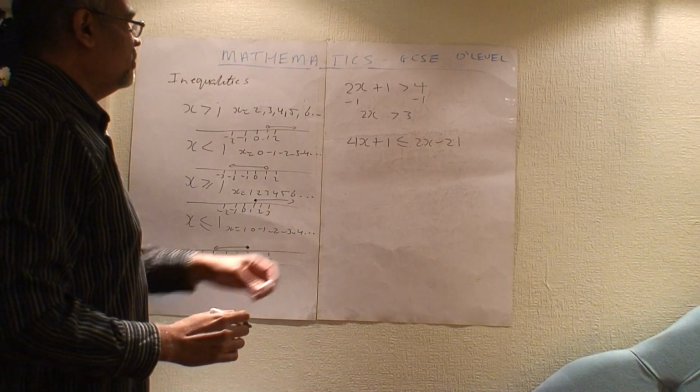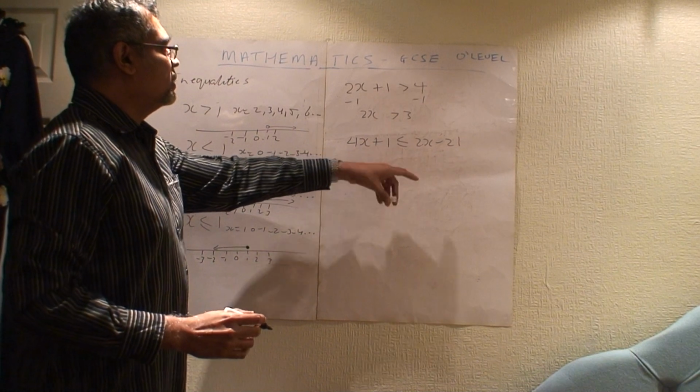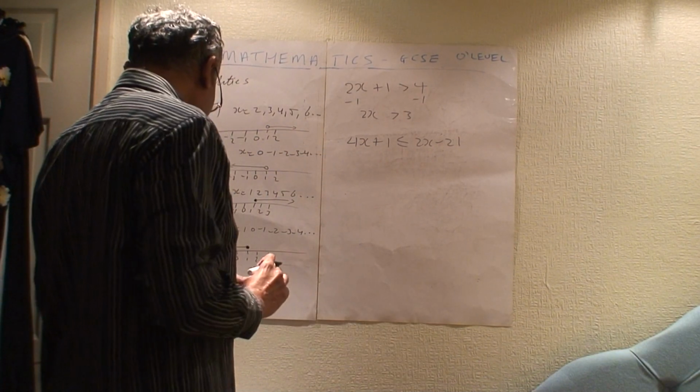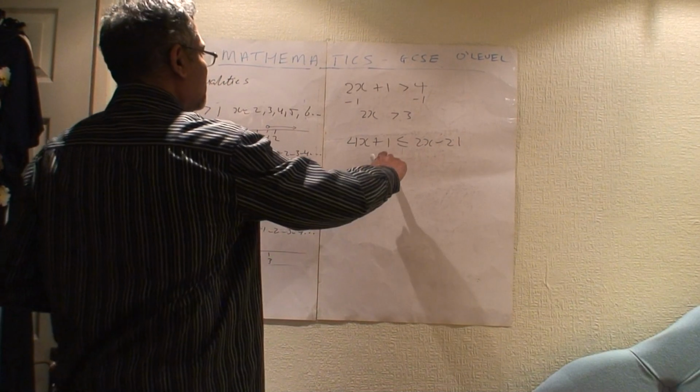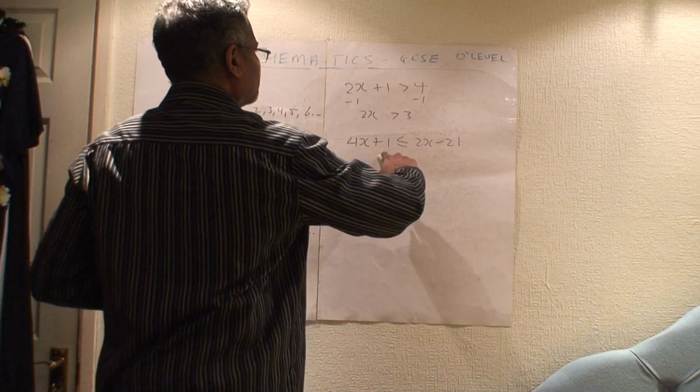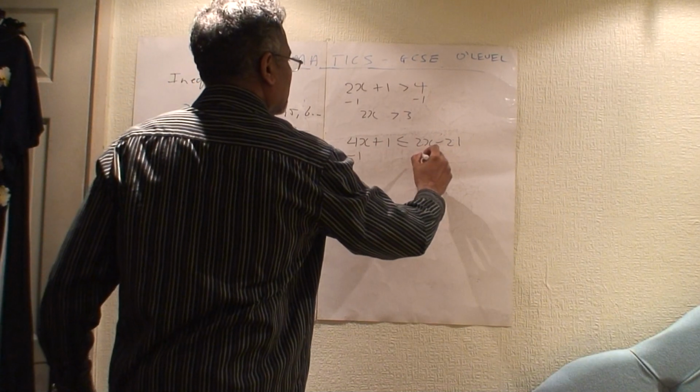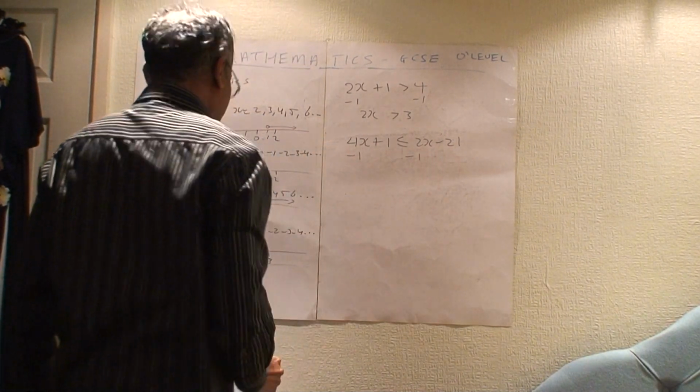So how do we simplify that? Well, we get the x's on one side and the numbers on the other side. So first of all, we minus 1 on both sides.